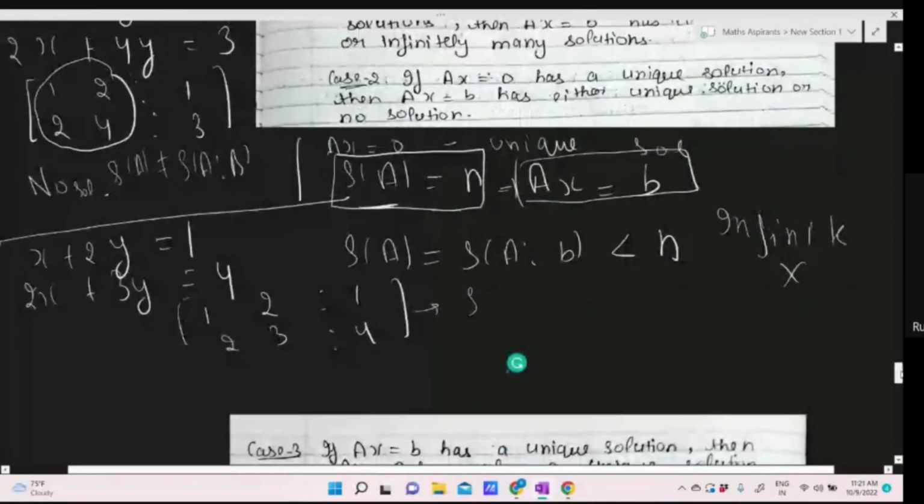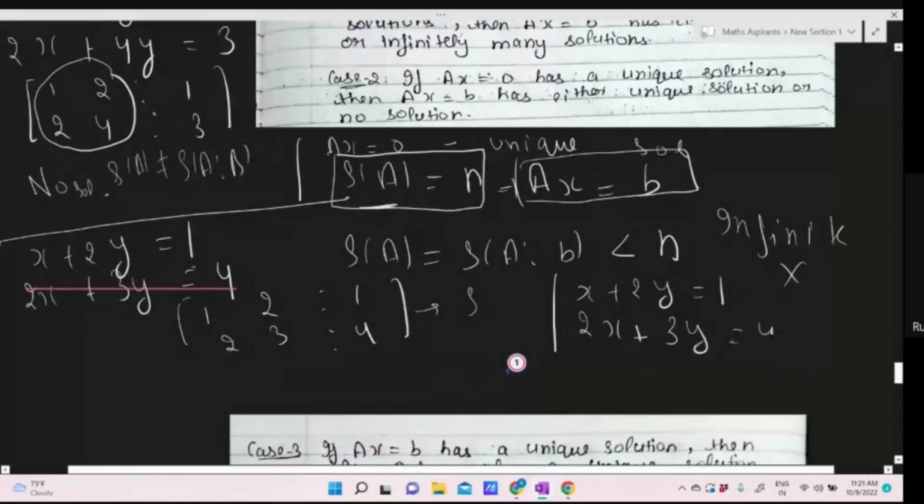Now for no solution, let us take an example: x + 2y = 1, 2x + 3y = 4, and 3x + 5y = 6.